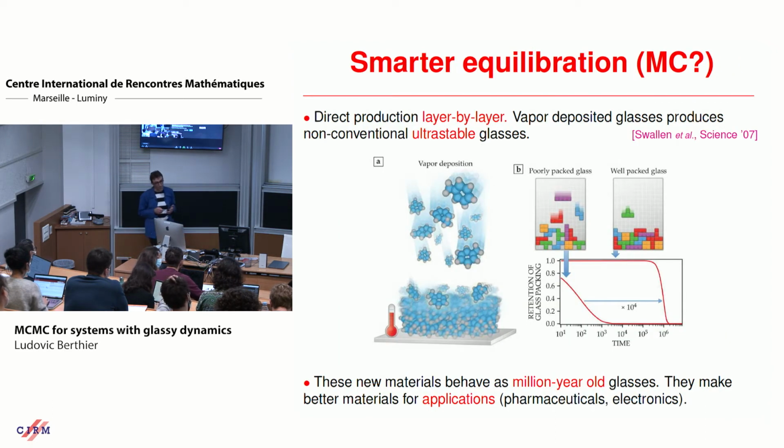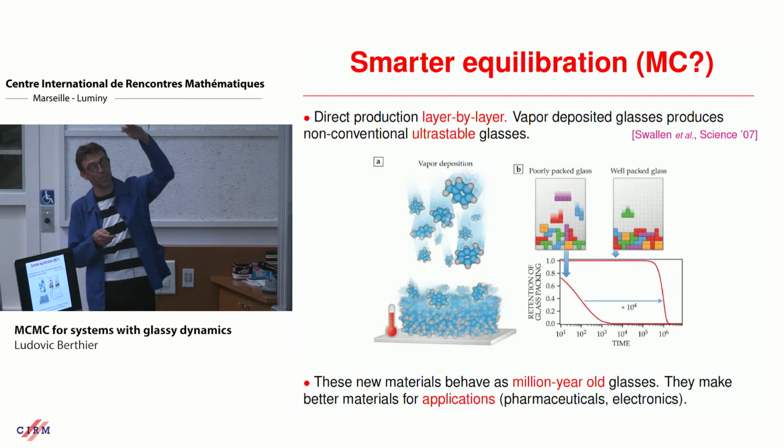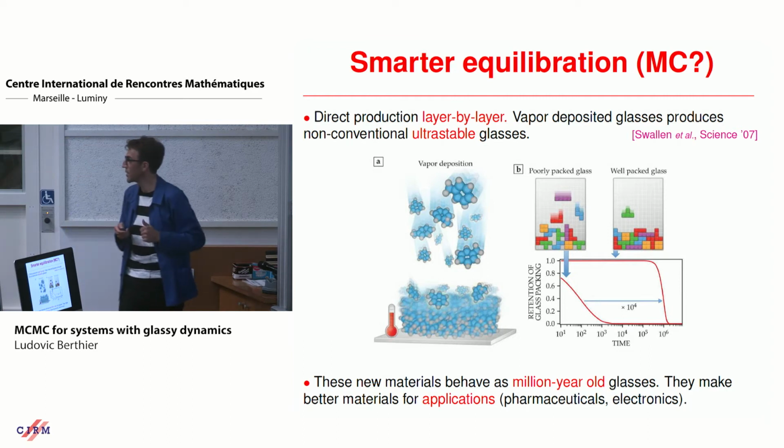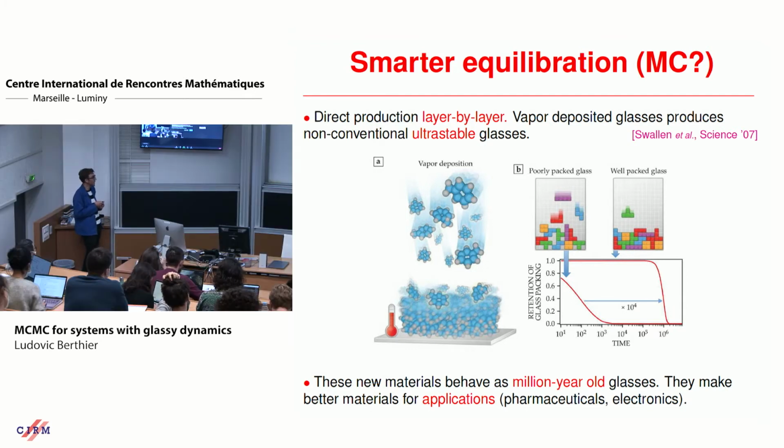They also found smarter ways of preparing glasses that I won't describe totally today, by this process where you slowly deposit the molecules on top of the substrate and you grow the glass from the vapor directly. It was discovered just 10 years ago by my colleague Mark Ediger. And again, it turns out after many years of studies of these materials that it's looking like a smart Monte Carlo thing.